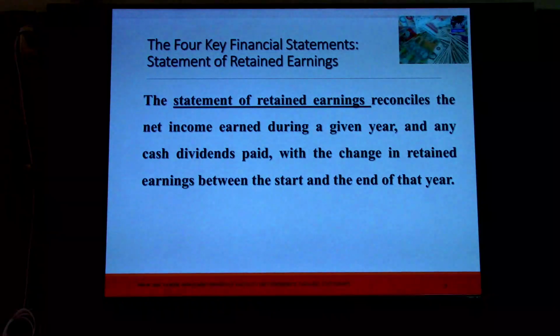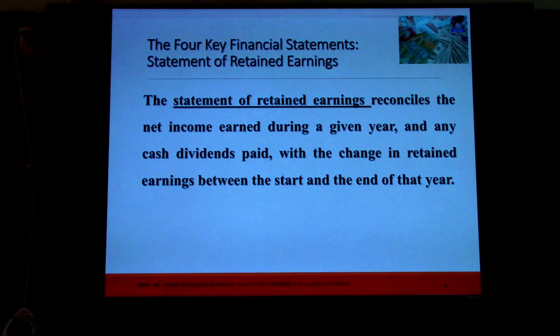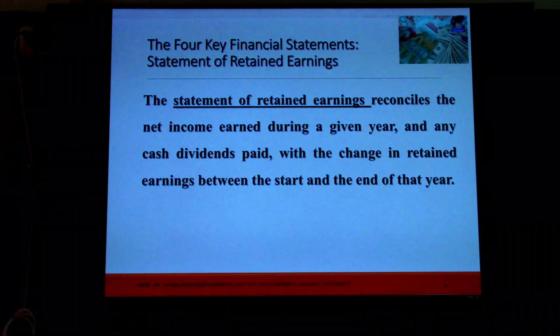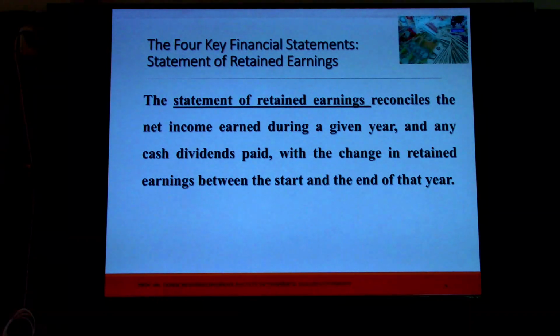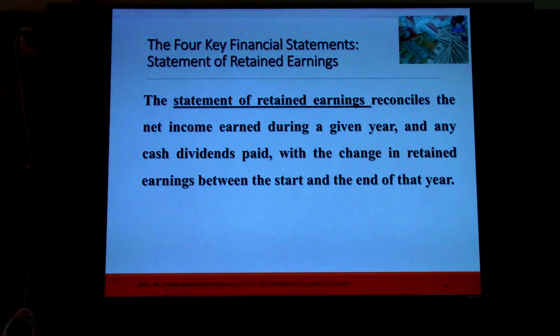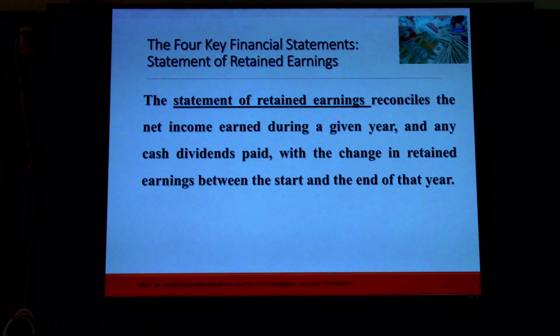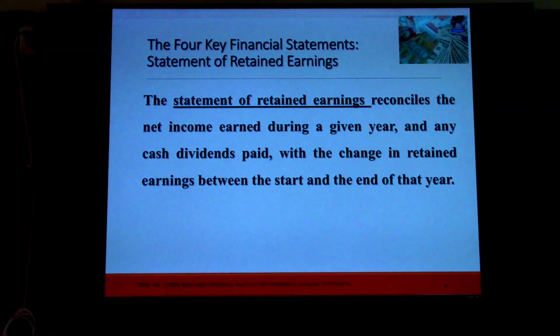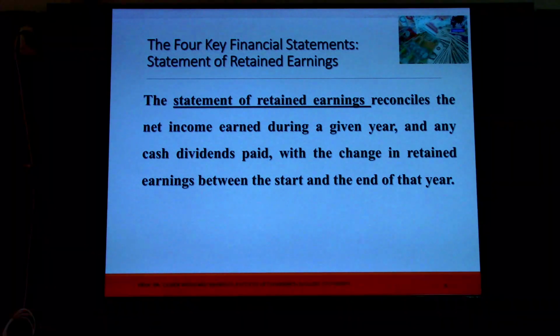Also, one of the important financial statements, or financial reports, is the statement of retained earnings. This statement reconciles the net income earned during a given year and any cash dividends paid with the change in retained earnings between the start and the end of that year.